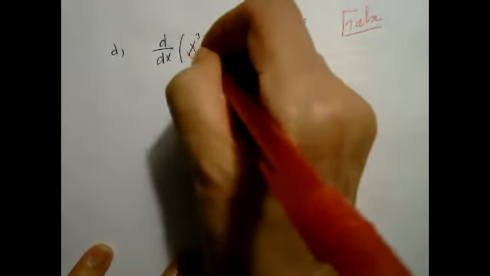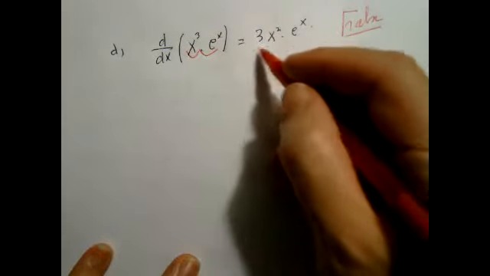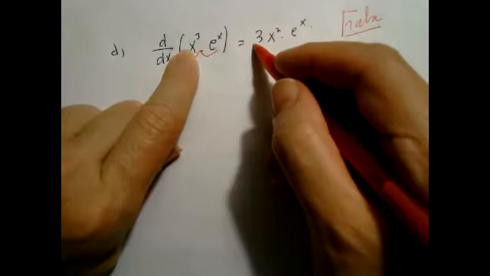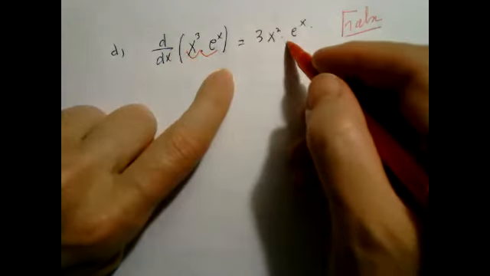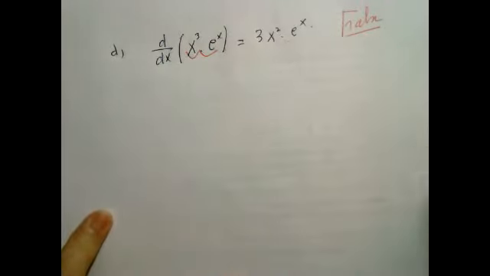This is the product, and the product rule does not tell me the derivative of the first. That's what the student did. They took the derivative of x cubed, which is 3x squared, times e to the x. Very typical mistake. It occurs a lot, but we shouldn't do it because it's wrong.